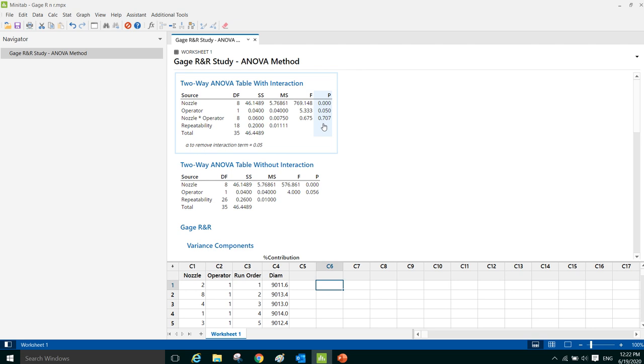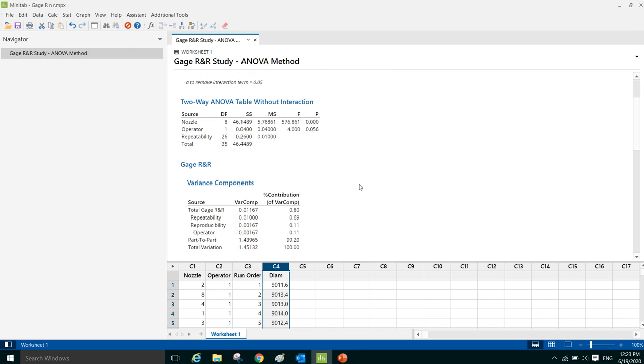Thus, Minitab will generate this table, which is the table without interaction. And if we look at the p-value for nozzle and operator, we can see that only nozzle is significantly impacting the variation in the C4 result that we have collected.